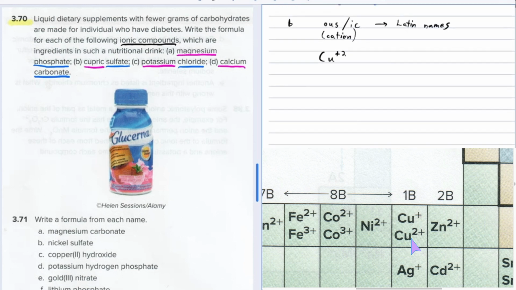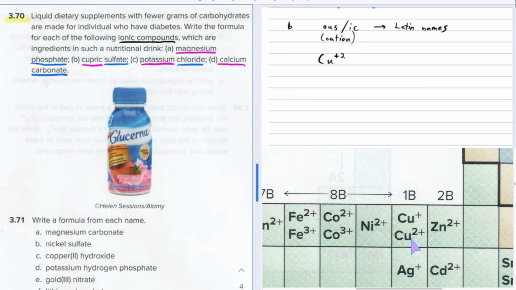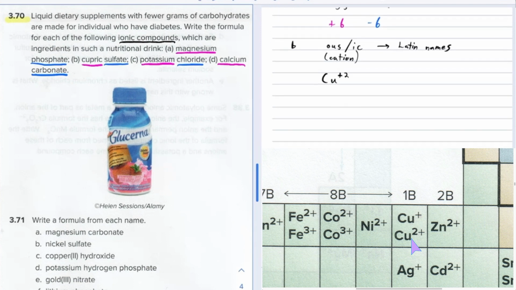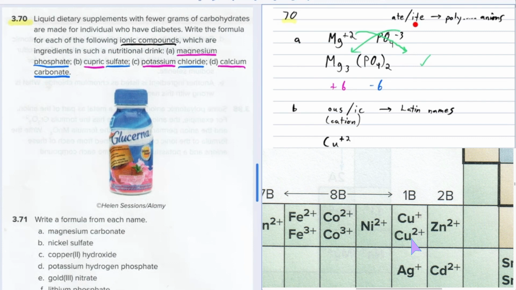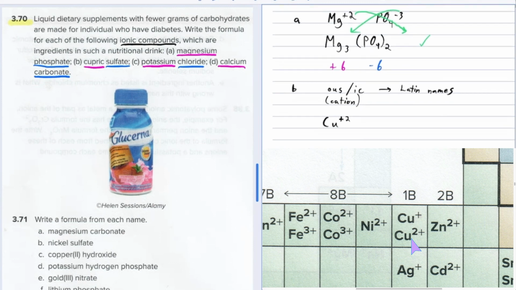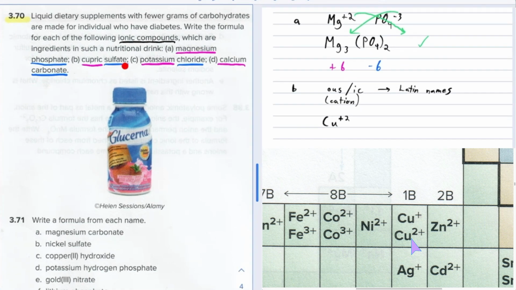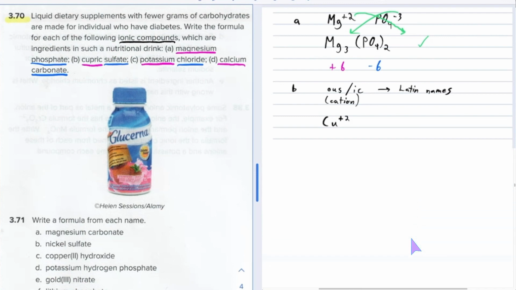Okay, and now what's the sulfate? Sulfate is, you remember, when it's the anion, the ates and the ites, those are polyatomic anions. If you see ate or ite and it's the anion, look for the polyatomic anions and go back to that table.